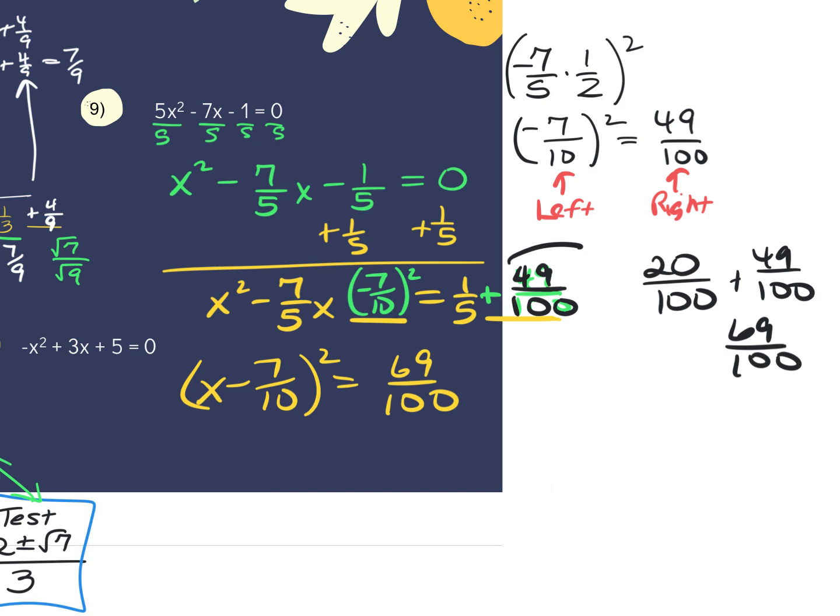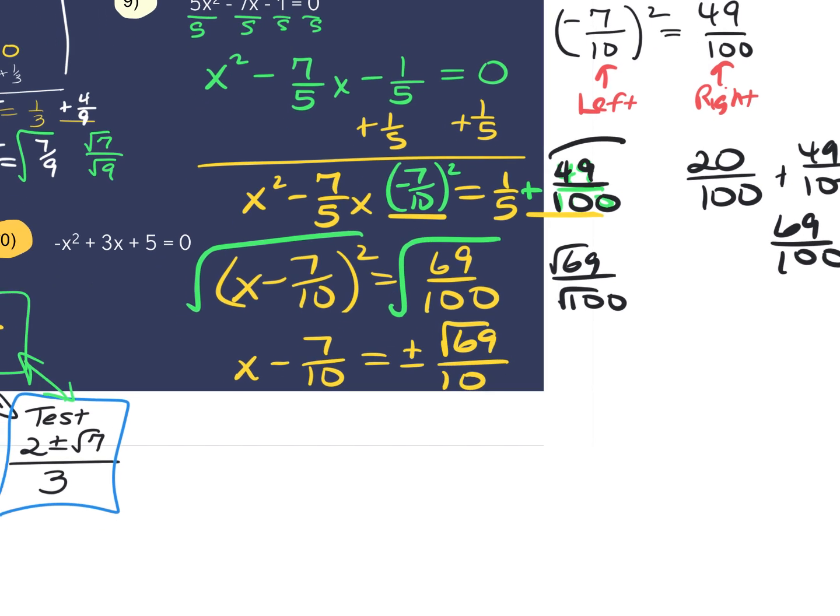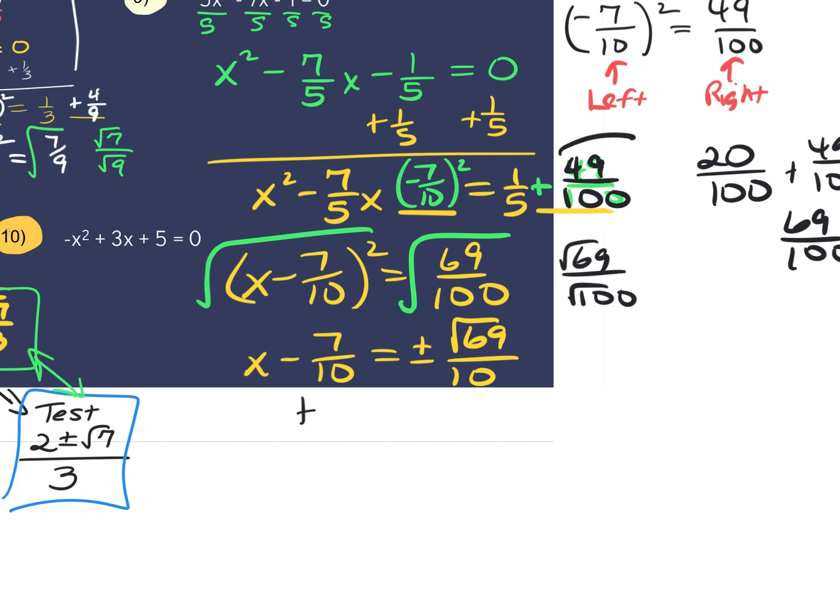I now need to square root both sides, and this gives me x minus 7/10 equals, and again, if you want to think of it as the square root of 69 and then the square root of 100, plus or minus the square root of 69 over 10. And now you're just going to add the 7 over 10 to both sides to isolate x.